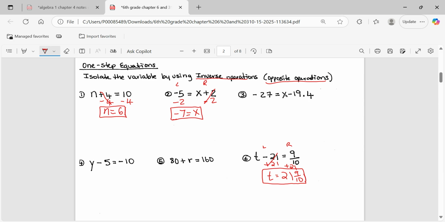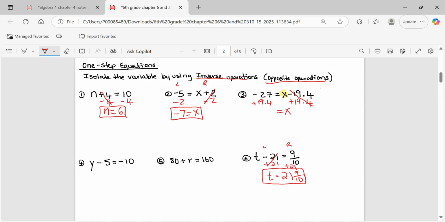Here's my x, and I want it by itself. So then I'm going to get rid of the 19.4 using inverse operation. The opposite of subtraction is addition. So I would add 19.4 on both sides.